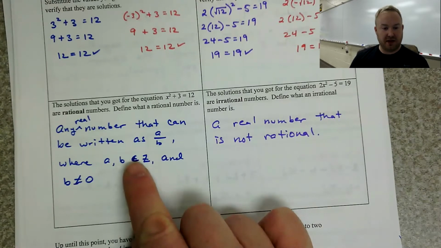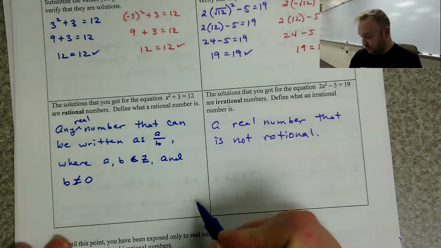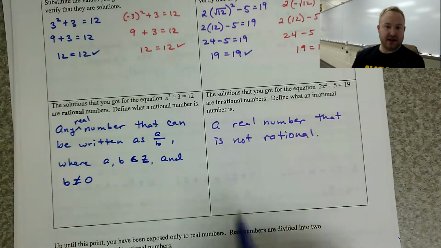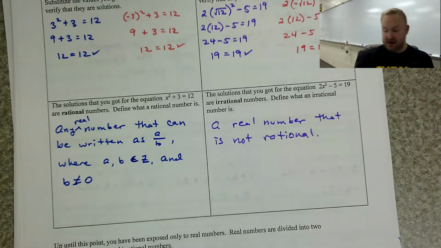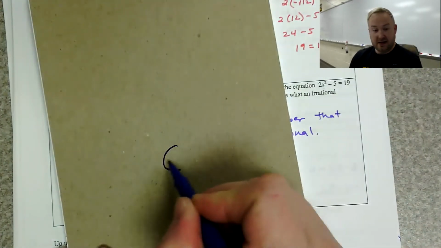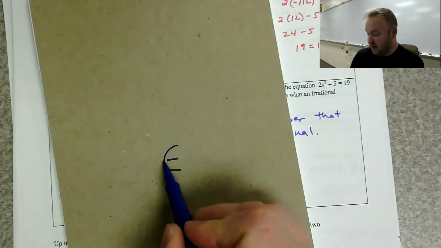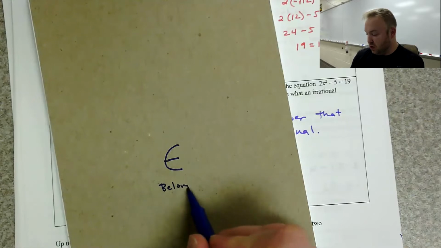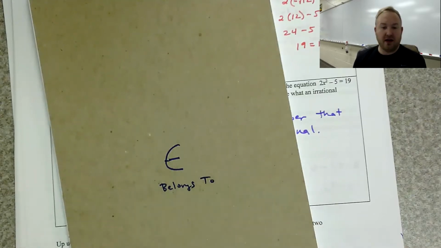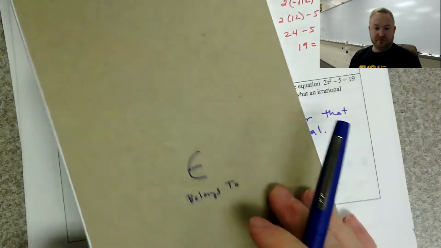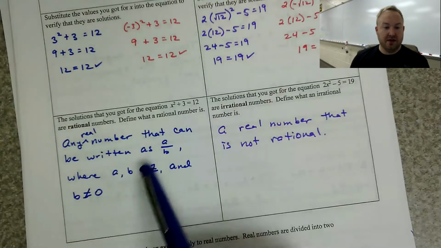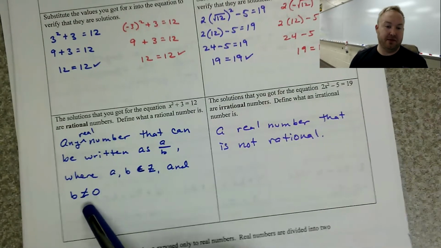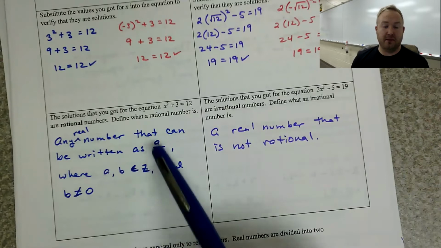This symbol, which looks like a C that's been turned into an E, is a Greek letter epsilon, and it means belongs to or is a member of. So a and b are integers, and b can't be 0, obviously. So a rational number is just any number that can be written as a fraction.